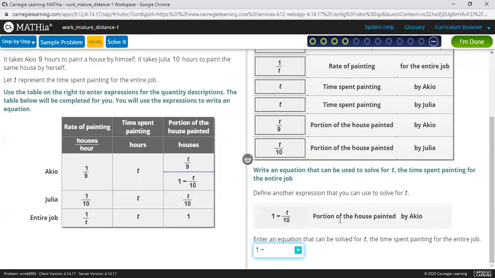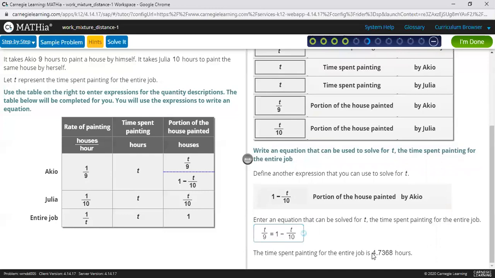So I'm going to take that expression I just wrote, and we said that that is equal to the portion of the house painted by Akio, which is T over 9. And there's an equation now I can use to solve for T, and they actually do it for us. So even though it takes Akio 9 hours to paint a house by himself and Julia 10 hours to paint a house by herself, together it will only take them almost 4 3/4 hours.